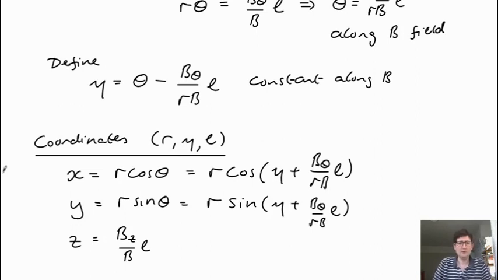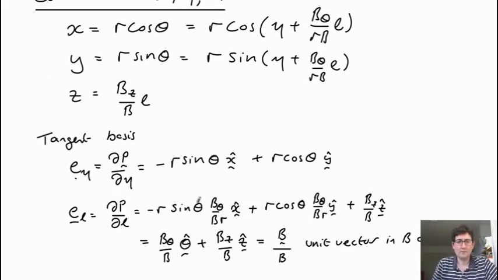If you calculate what the eta and the L tangent basis vectors are, you end up with the differentials of each of the components. So we just plug in these components for x, y, and z. The position vector is the position as a function of R, eta, and L.